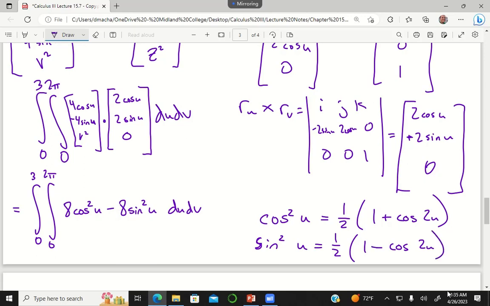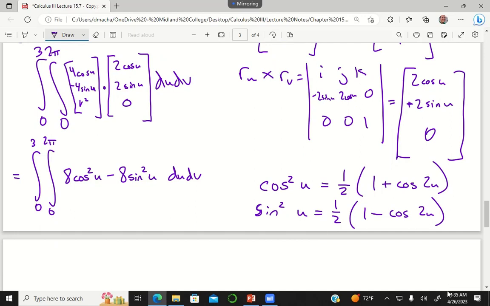And so if you do cosine squared minus sine squared, then that's 1/2 minus 1/2, and then it's half cosine 2u minus negative half cosine 2u. So that's just cosine 2u, I think, if you subtract them.